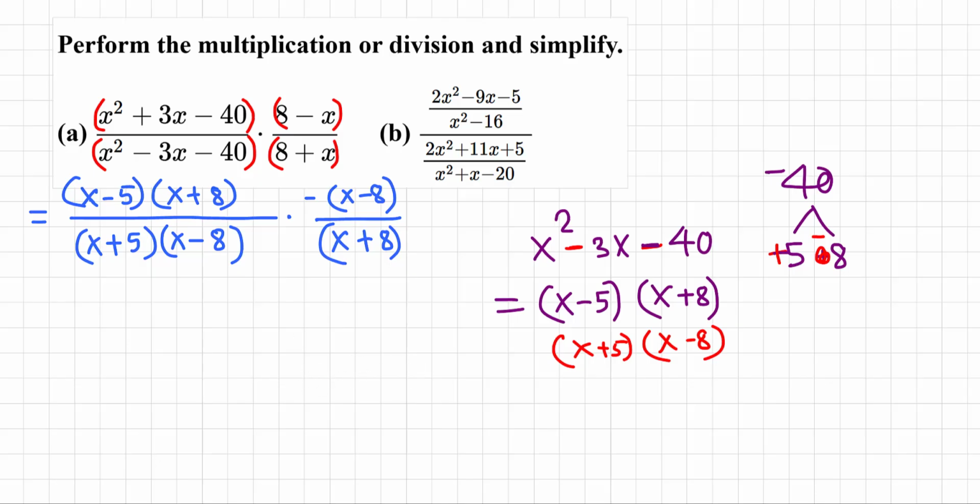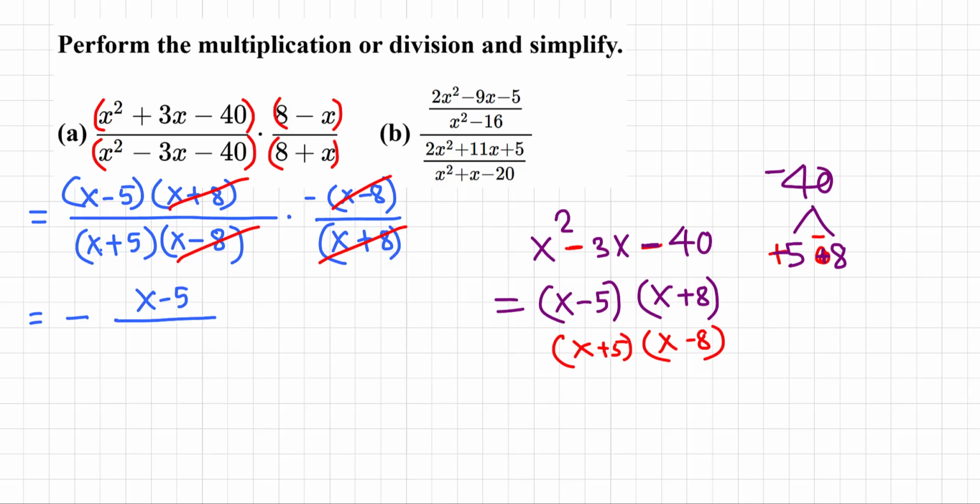Now we can cancel the common factors. Like here, x plus 8 whole cancel. This is negative 1 times x minus 8, cancel, and that leaves a negative sign. Negative on the top, so that comes to the front, x minus 5, and when there is only one factor, we don't put parentheses around.